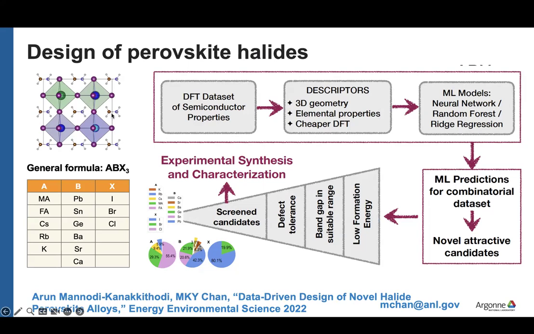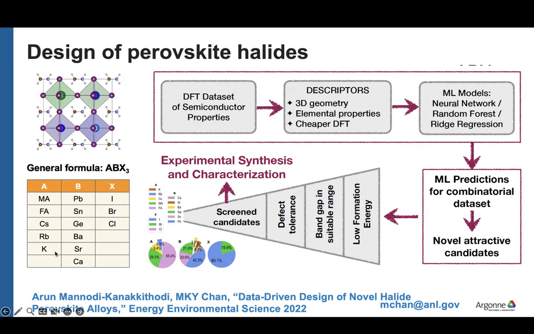One of the problems, but also opportunities, for this type of materials is the fact that they are so compositionally flexible. This is a perovskite structure with A-site and B-site cations and a halide ion, not fluorine, but all the other halides.